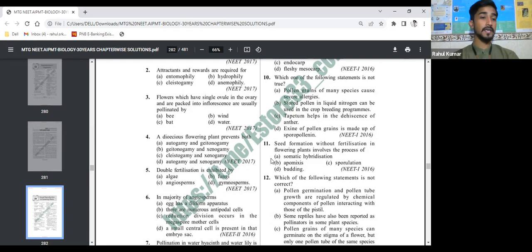So basically it is asexual reproduction, right? But it mimics sexual reproduction because it produces seeds. Seeds are produced in sexual reproduction, true seeds. So write down, apomixis mimics sexual reproduction.